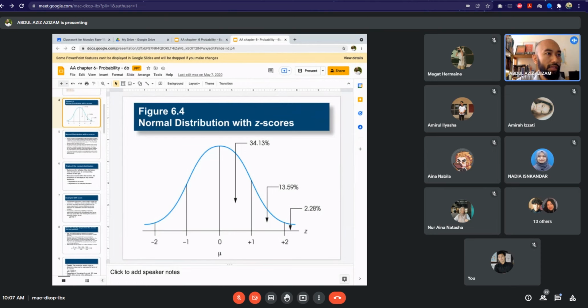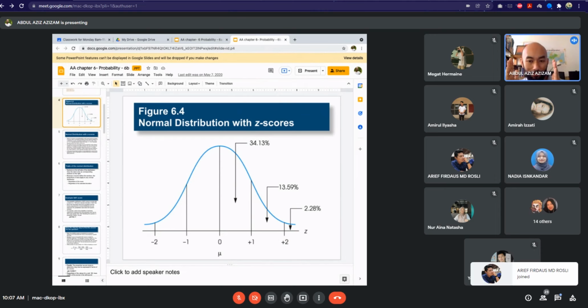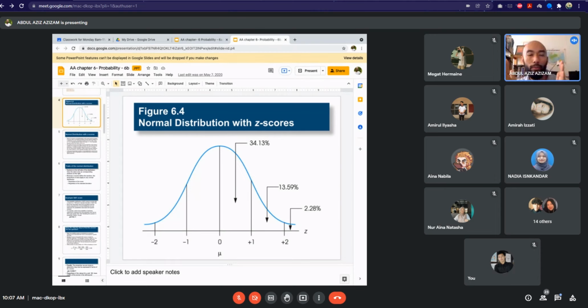So 34.13% ini antara 0 dan 1, antara 0 to 1 z-score ataupun 1 standard deviation, kawasan itu mewakili lebih kurang 34.13% of the total score.